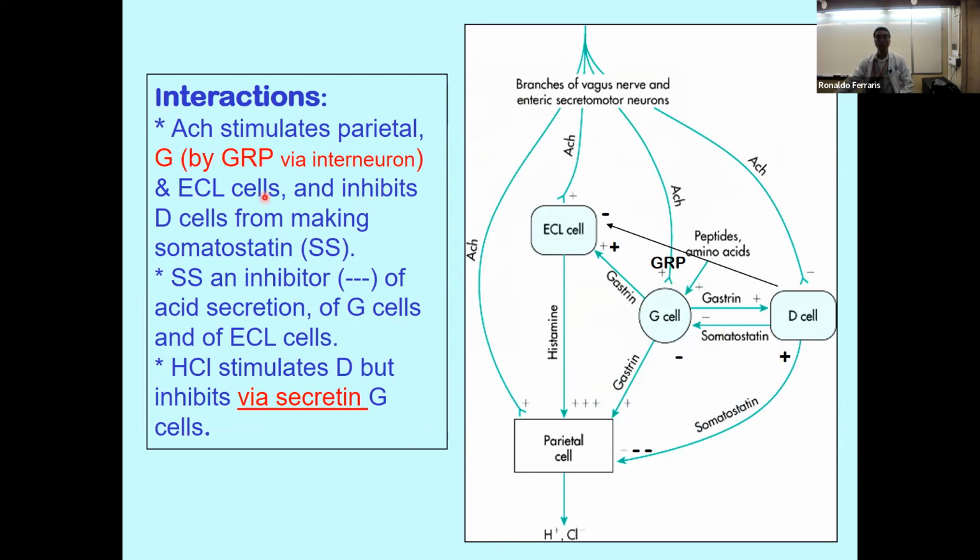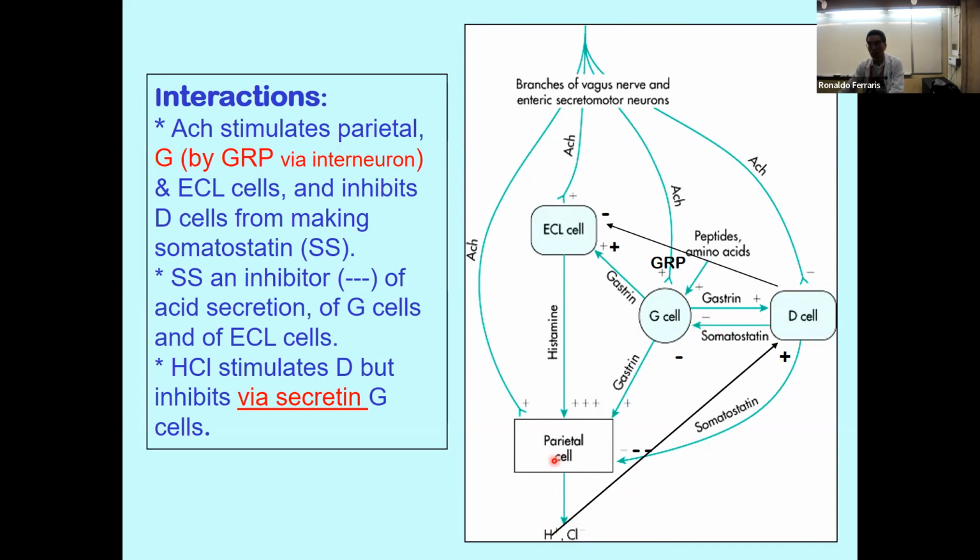Okay, so your acetylcholines do the same thing, you stimulate. So you basically study this web, and you actually add more arrows to the web that I showed you. So now based on the previous slide, we know that increased acidity in the lumen would stimulate the D cell, and the D cell would release somatostatin, which inhibits the G cell.